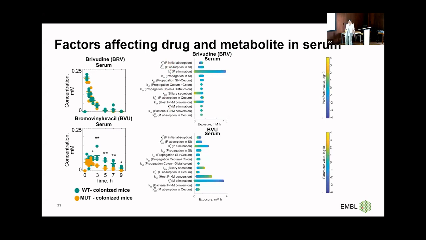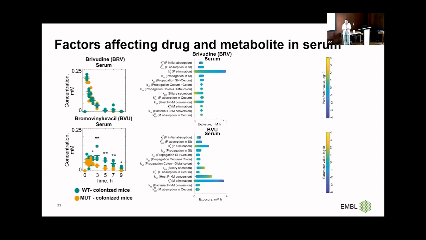We simulated how parameters of our model affect drug and drug metabolite levels in the host, and we showed that the drug kinetics in our model is influenced mainly by the host parameters of drug metabolism, whereas drug metabolite levels are influenced by both host and bacterial parameters. Here different parameters are on the left, and the wider the bar, the bigger the difference in the metabolite or drug concentration observed as you vary the parameter values.